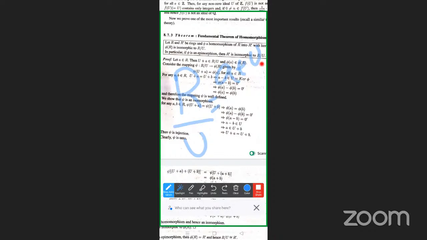So b + U belongs to R/U, where b belongs to R and u belongs to U. Is that clear? So every element in R/U is of the form U + a or a + U, U + b or b + U.